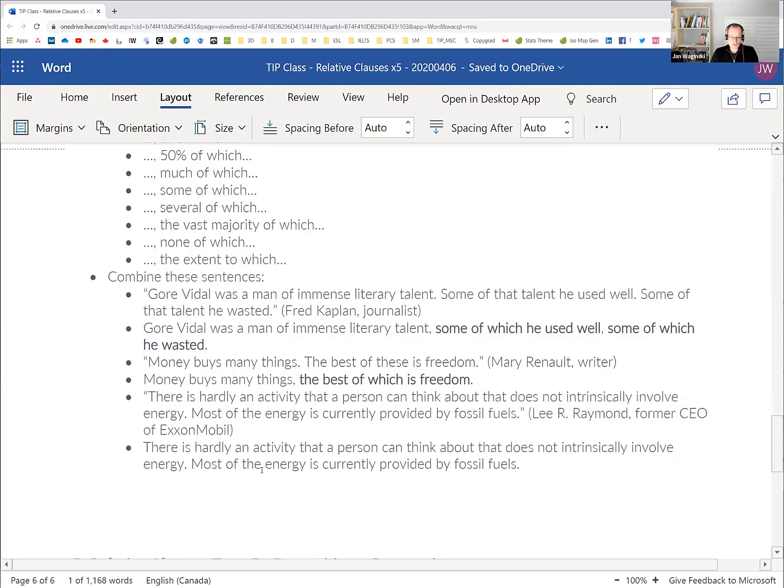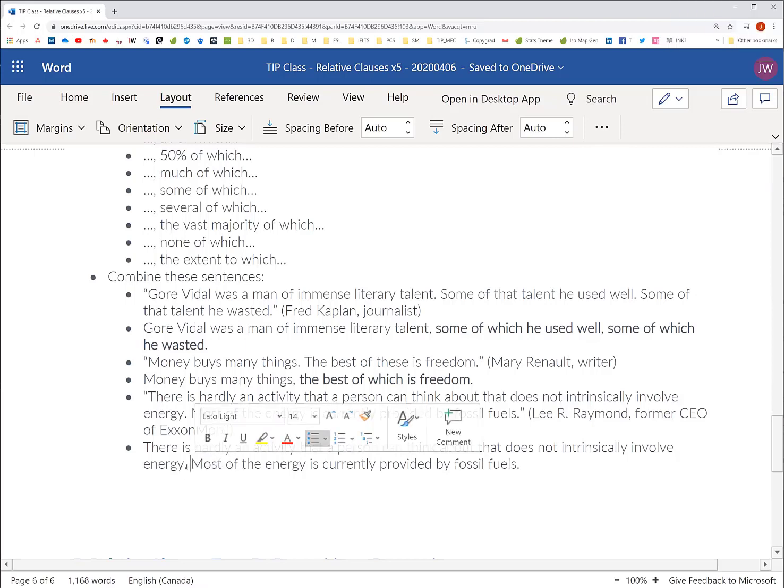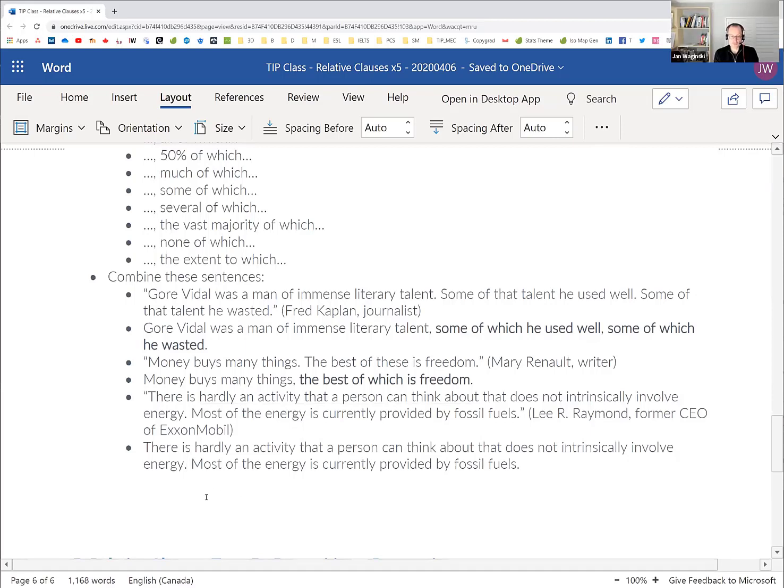So we've got this quantity situation, most of. That's where you're going to need to do this. It's got to be the same pattern we've been doing. There is hardly an activity that a person can think about that does intrinsically involve energy.